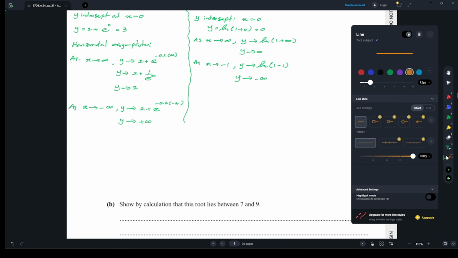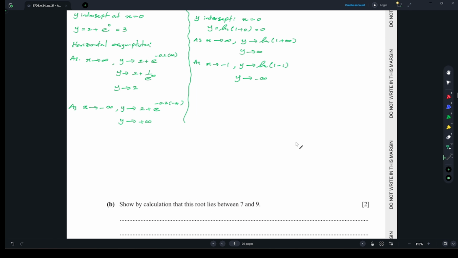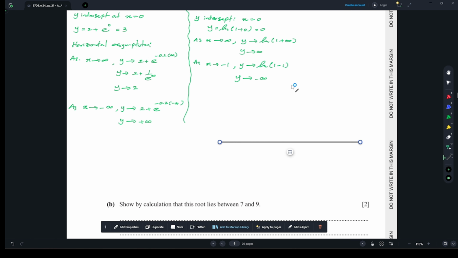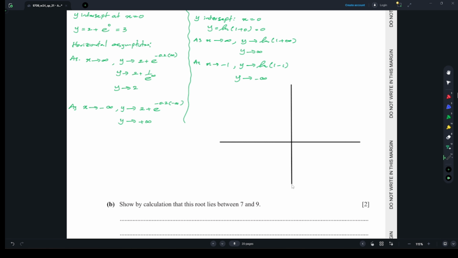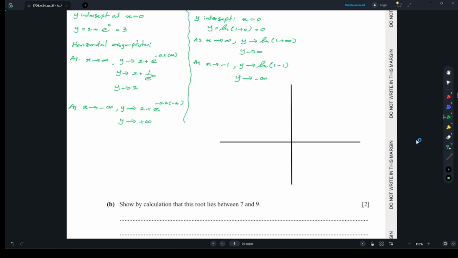Okay, so now let's plot the graph. So we have this one, and we have to consider x equals -1 here. This is important. So I will try to draw -1 here.